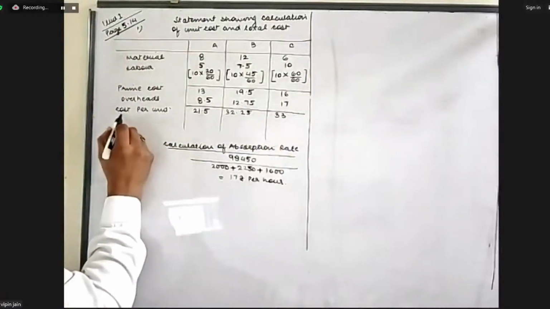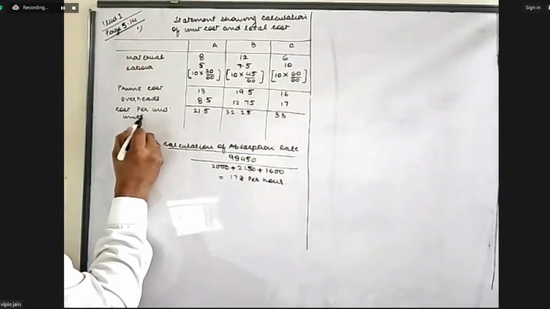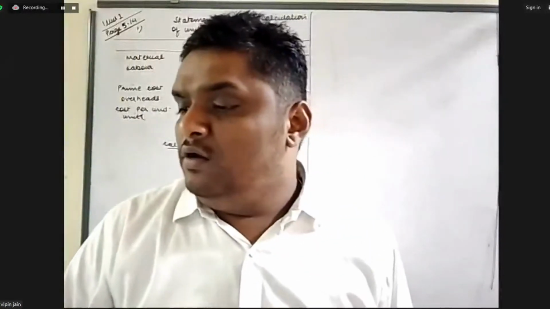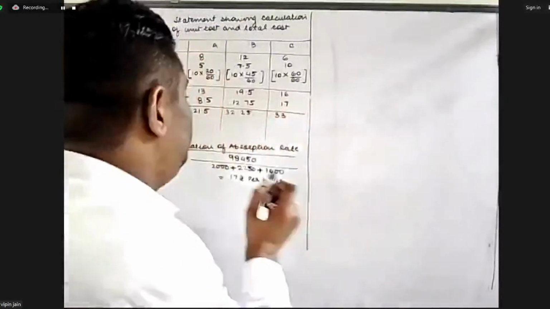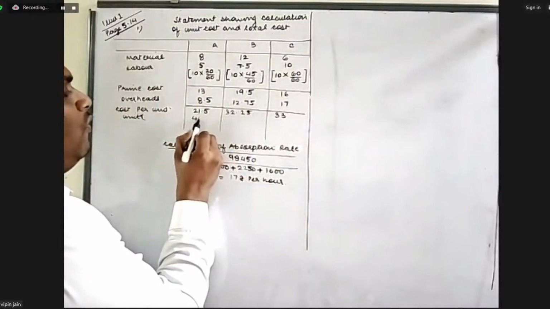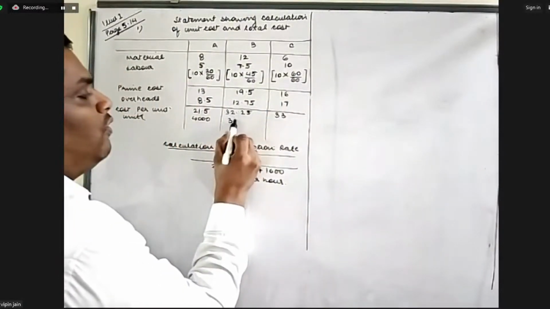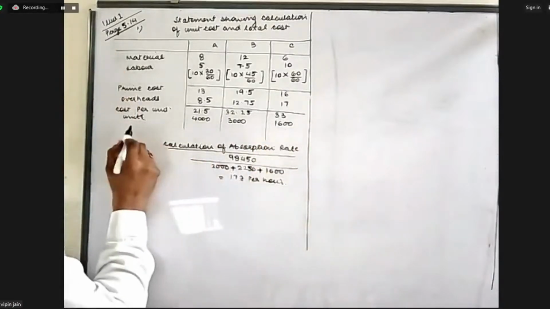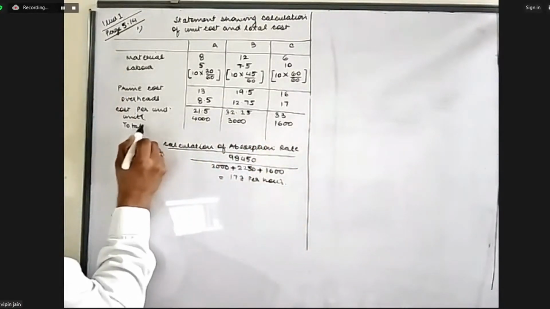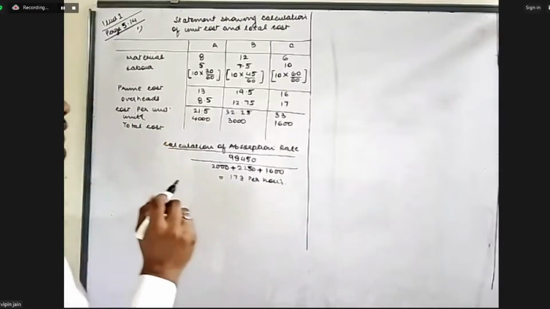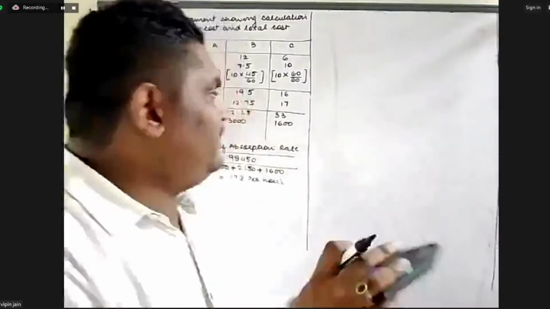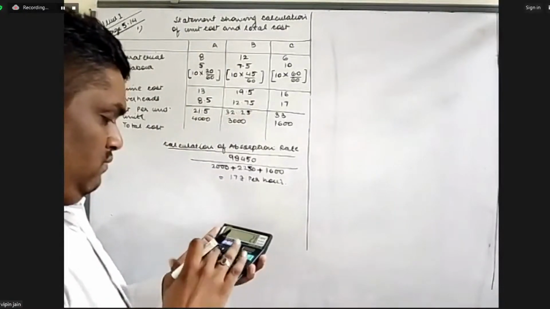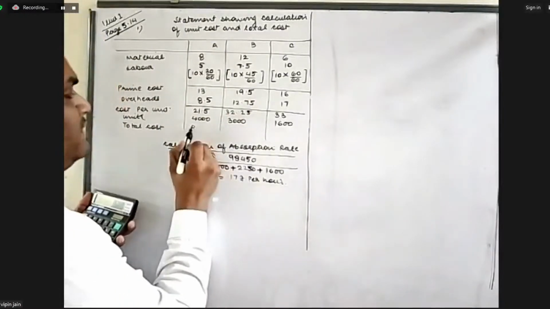Now, since we have got the number of units, we can easily calculate the total cost. The number of units are 4,000, 3,000 and 1,600. So the total cost will be how much? 4,000 into 21.5, so this will be 86,000.